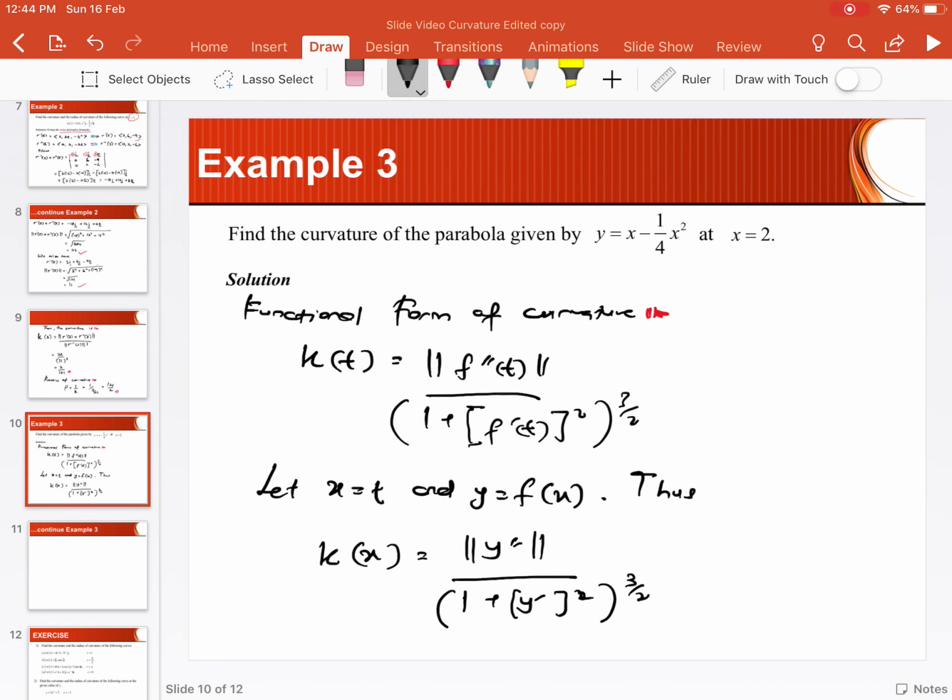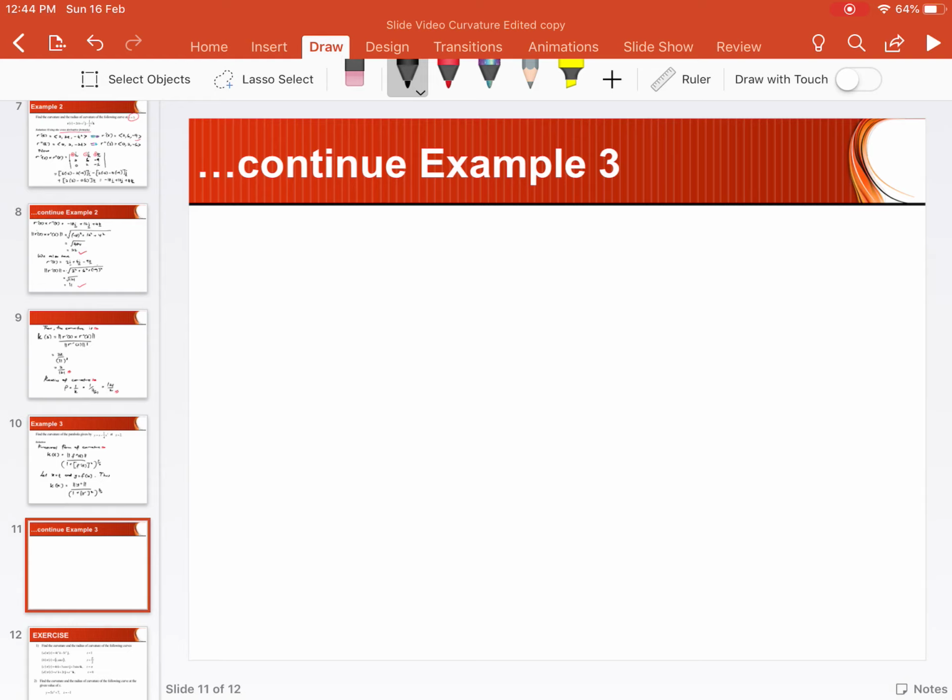Okay, so now we have y equals x minus 1 over 4x squared. So we need to find y prime. Differentiate x, we get 1. Differentiate 1 over 4x squared, we get minus 1 over 2x. And then y double prime: differentiate 1, we get 0. Differentiate negative 1 over 2x, we get negative 1 over 2.